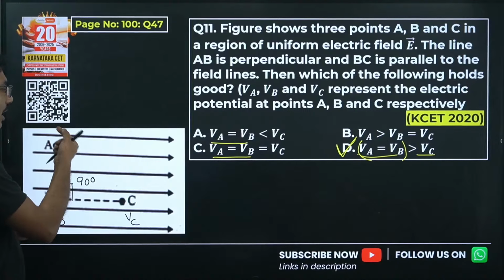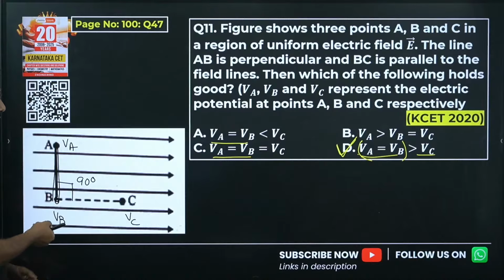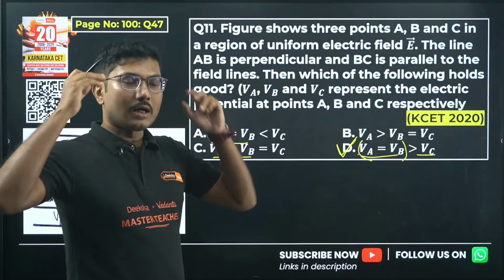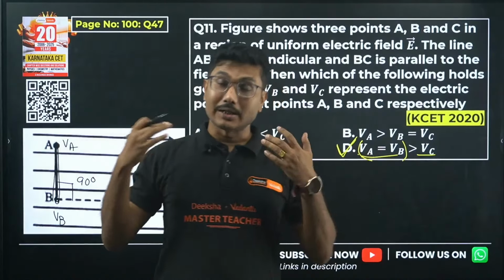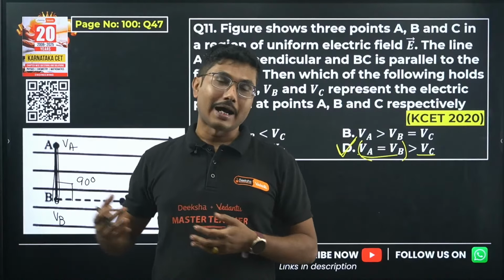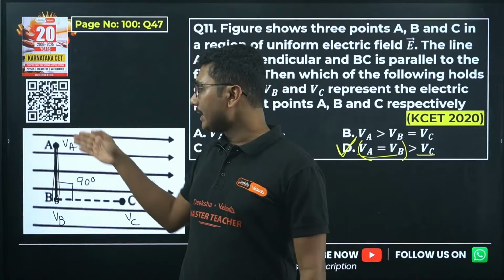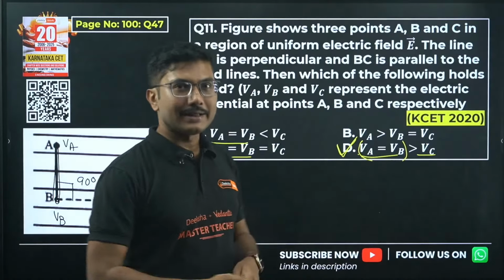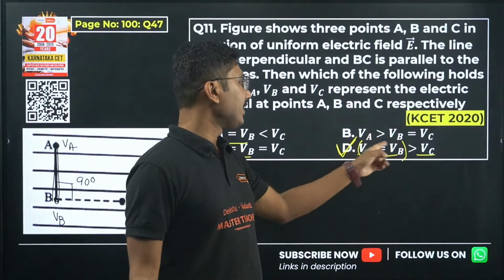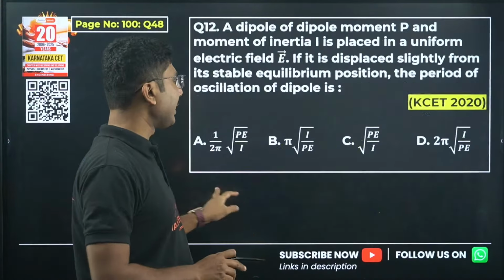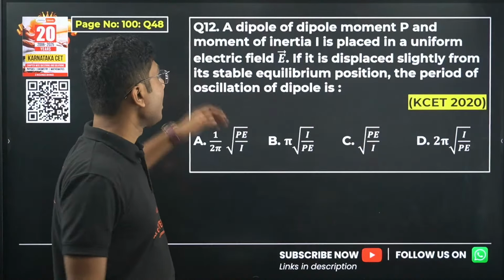Suppose VA is 10, VB will also be 10, and VC will be 8. If you are someone who struggles with abstract values, take any arbitrary numbers in your head: 10, 10, 8. That means 10 is greater than 8, so VA equal to VB must be greater than VC. So this is also a way to visualize the answer.